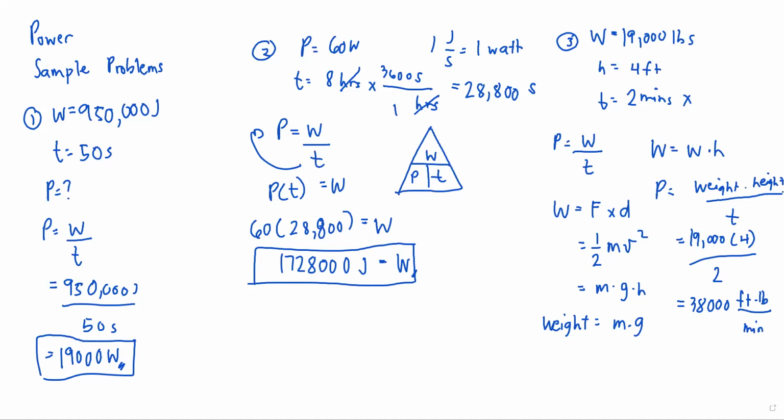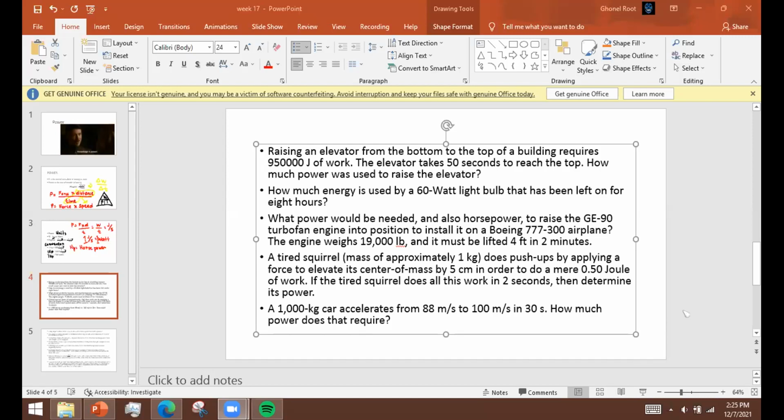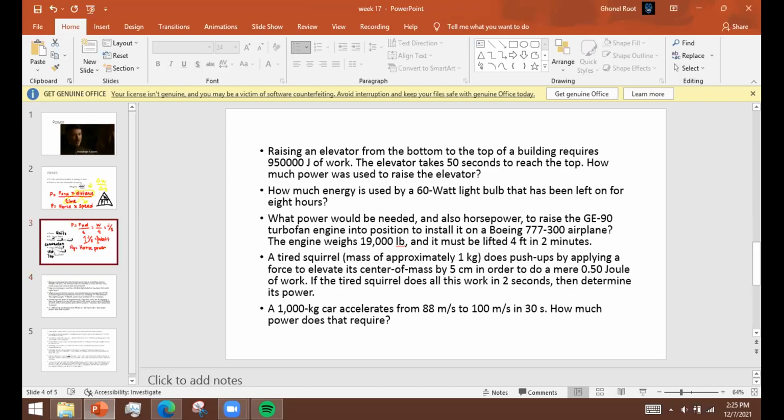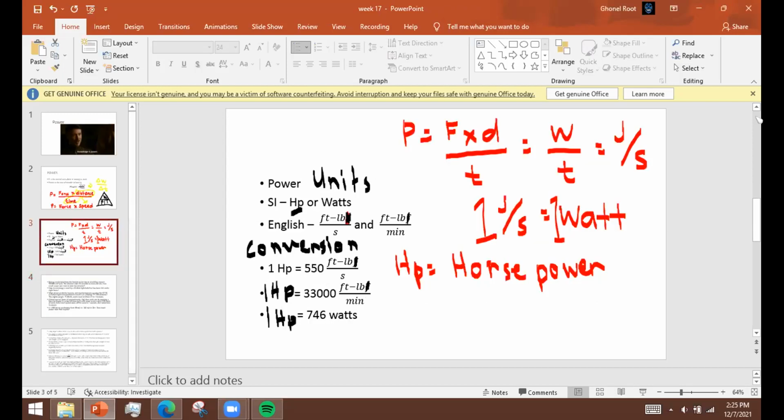Pero, sabi sa problem, balikan natin yung problem, guys. Ang sabi sa problem, what power would be needed, also in horsepower? So, need natin i-convert yung nakuha natin na 38,000 foot-pound per minute into horsepower. So, ito yung conversion na meron tayo: 1 horsepower is equals to 33,000 foot-pound per minute.